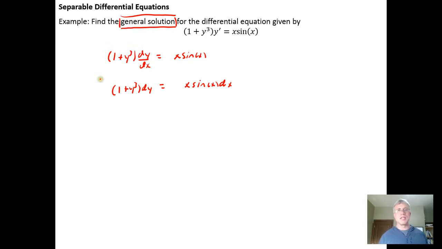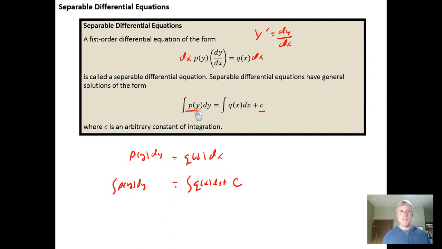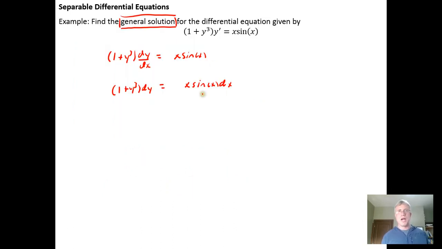And the idea in separation of variables is to get everything that is a function of y attached to the dy, and everything that's a function of just x attached to the dx. So right now everything with an x is with the dx, and everything that's just a function of y is with the dy.